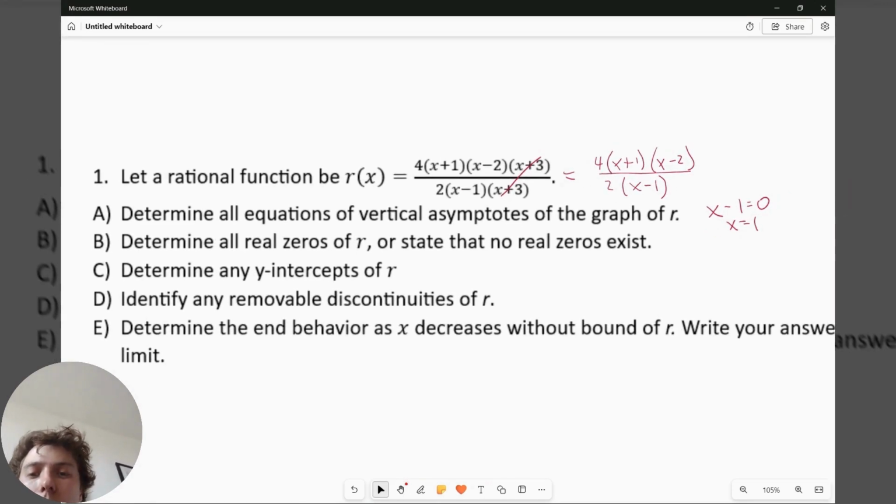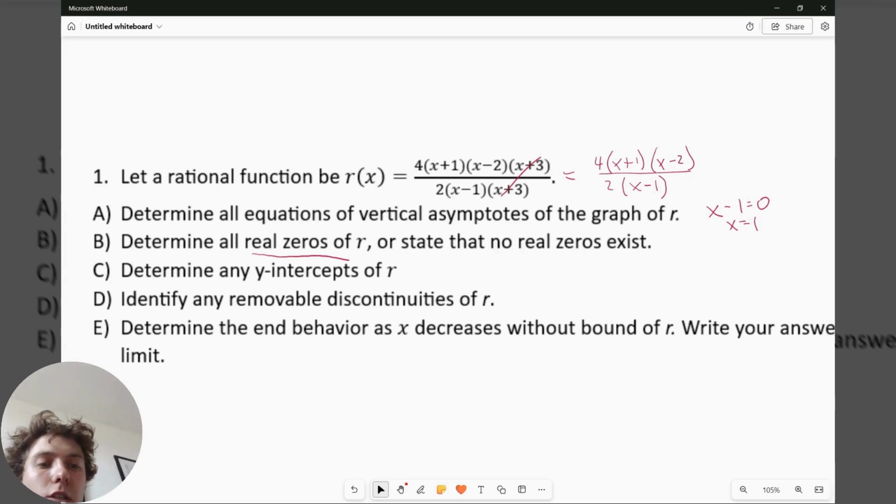For B, determine all real zeros of R or state that no real zeros exist. Remember, real zeros we know are x-intercepts. Real zeros just mean they are real numbers instead of imaginary or complex numbers. Basically, as long as it doesn't have an imaginary part, then it is a real zero. So that would be the top equal to 0.